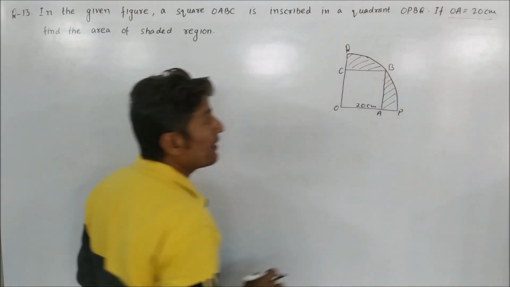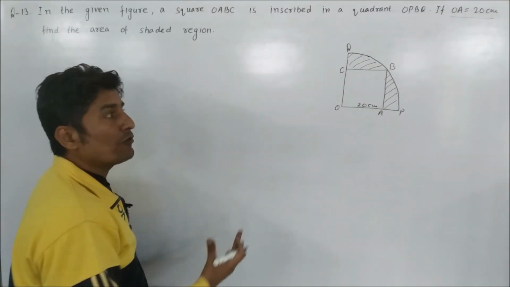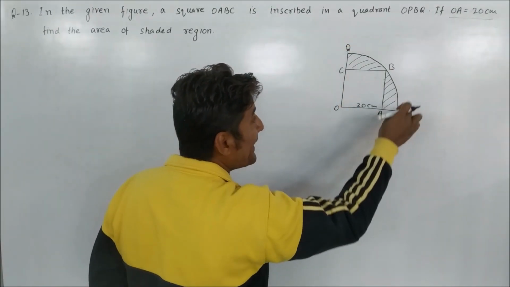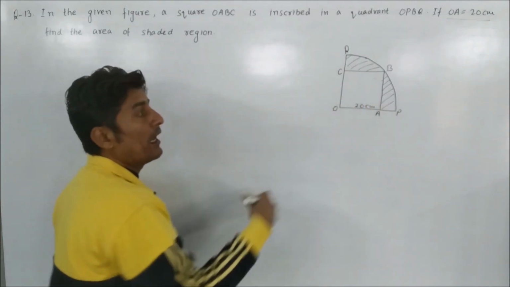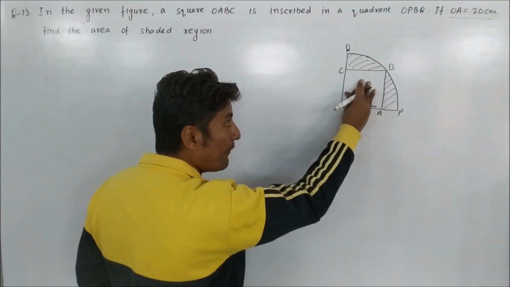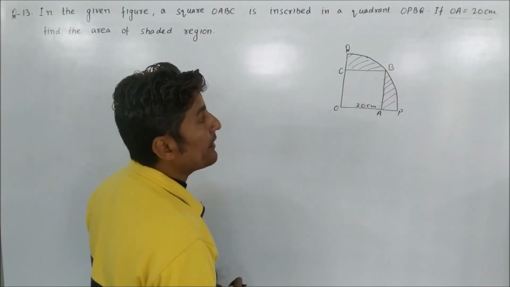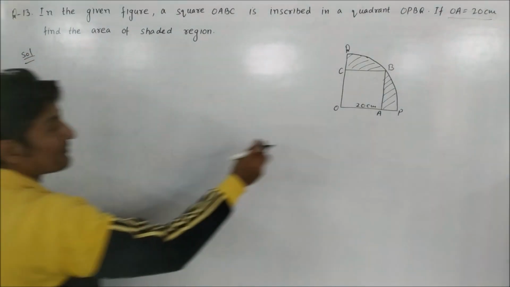Let us see how to find the area of this shaded region. We have to calculate the area of this quadrant, then we have to calculate the area of square. After that we have to subtract the area of square from the area of quadrant to get the area of shaded region. So let us see the solution of this question.